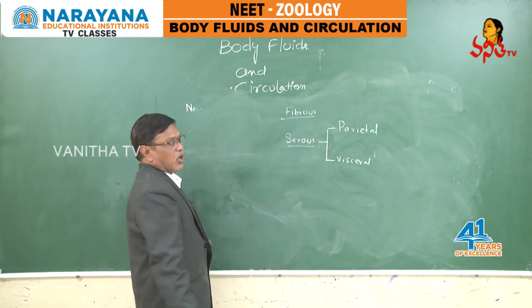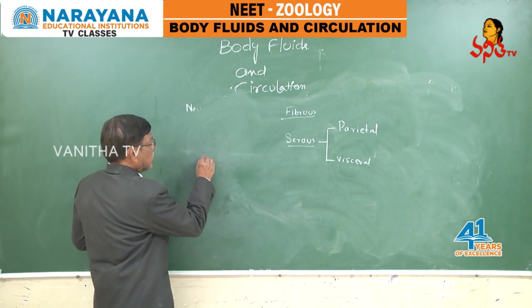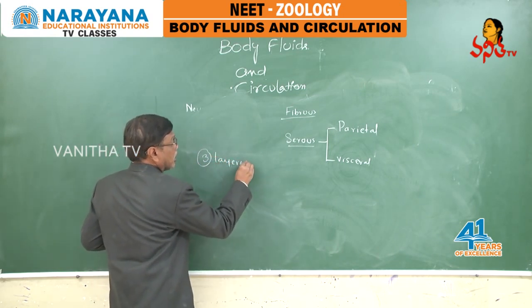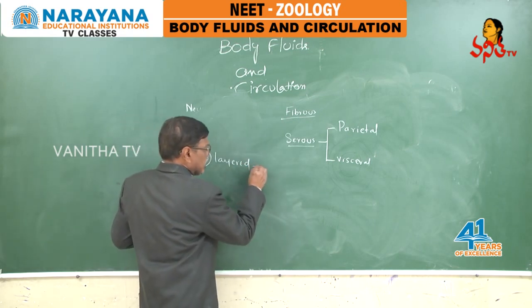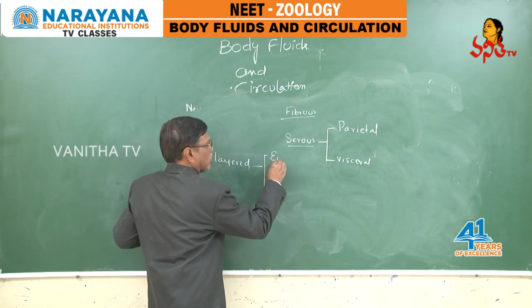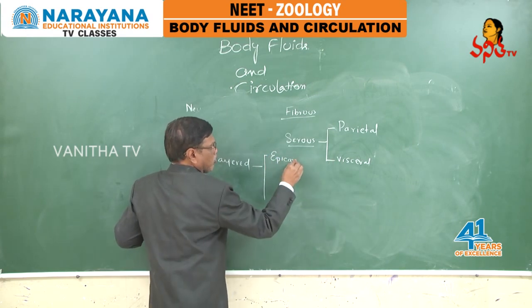Coming to the heart wall, the heart wall is three-layered. The outermost layer of the heart wall is the epicardium, which is nothing but the visceral peritoneum.